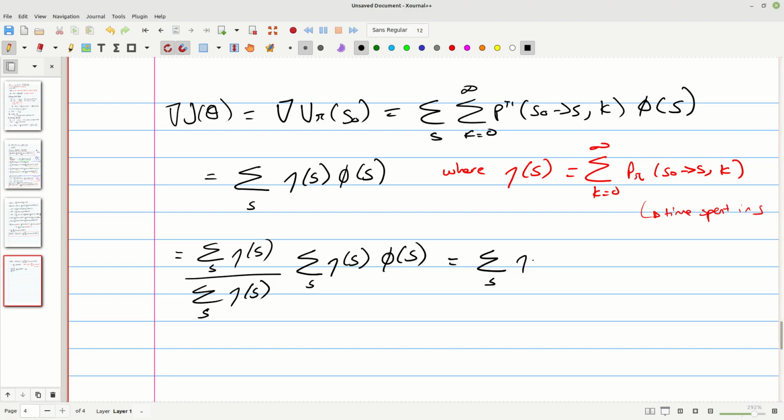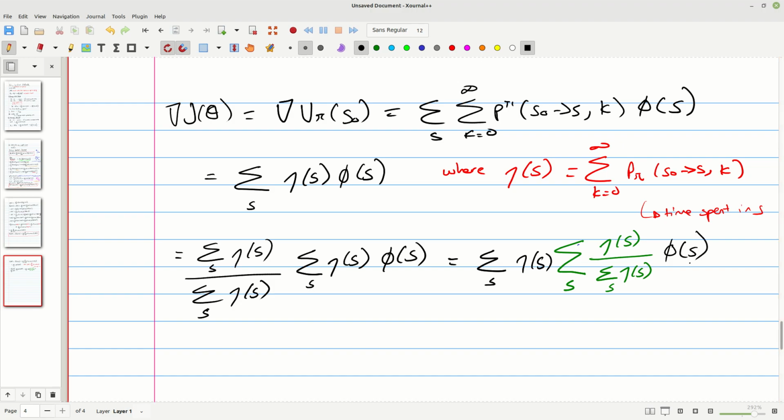And we're doing this so that we get a probability distribution here. If we put this term inside, we would have the summation over s, let me use a different color here, times the summation over s of this term over the summation over s, because we just moved this term inside, of this term times phi of s, right?